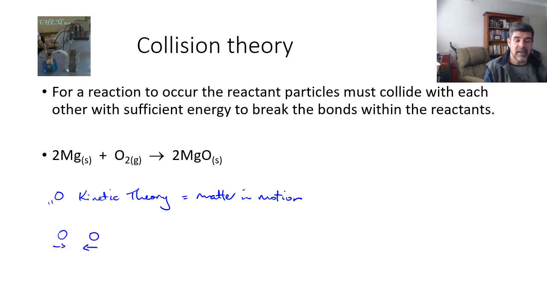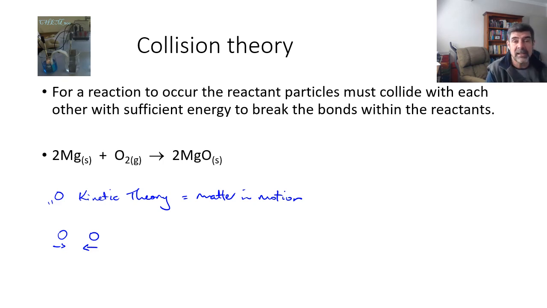And when they run into one another, there may be sufficient energy for the bonds within the reactant particles to break. Depending on the circumstances, the breaking of those bonds can then just reform, or they can reform in a different way to form one or more new combinations, that is, new products.